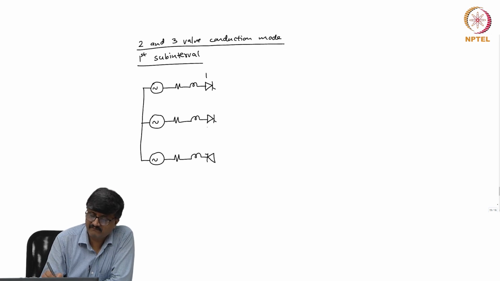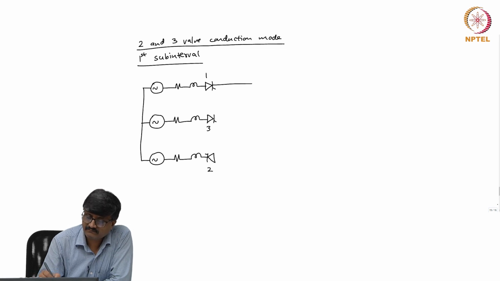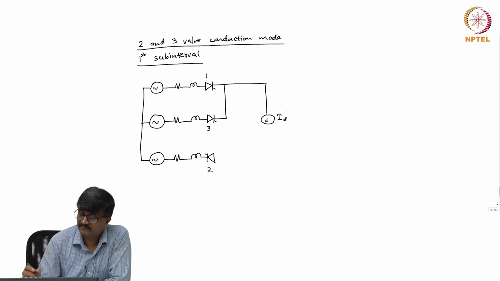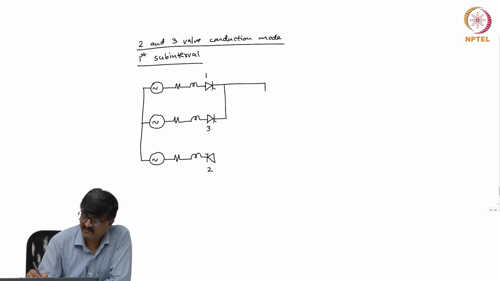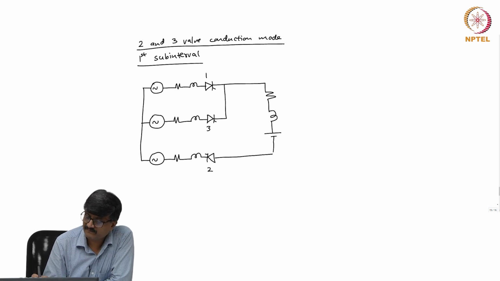This is valve 1, valve 3 and valve 2. Oh sorry, we have a different circuit now on the DC side. I have a resistance, inductance and a voltage source. So, this is RD, LD, VD.